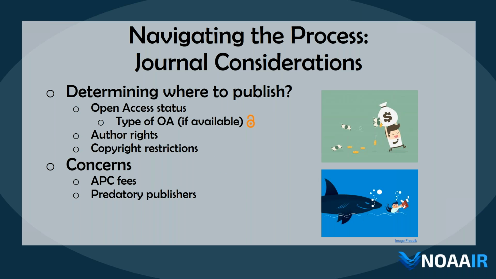So if you're publishing a journal article, there's some additional considerations when determining where to publish and how. Obviously, you want to publish in the best and most appropriate journal for your research, but you also have to decide if you want to publish open access, and if so, what type of open access. It can be a very complicated process.